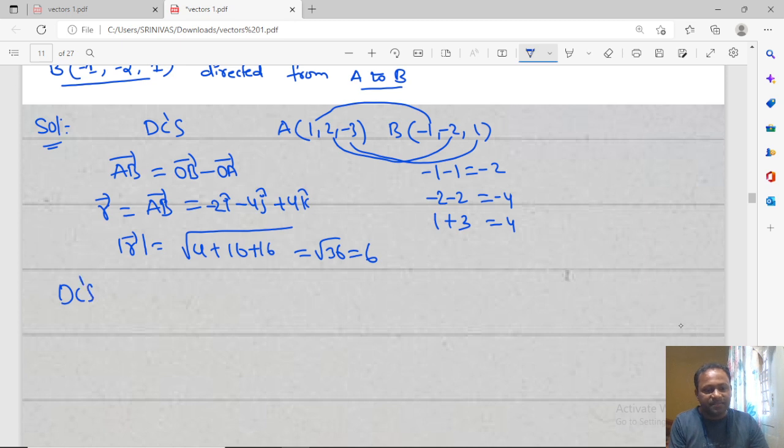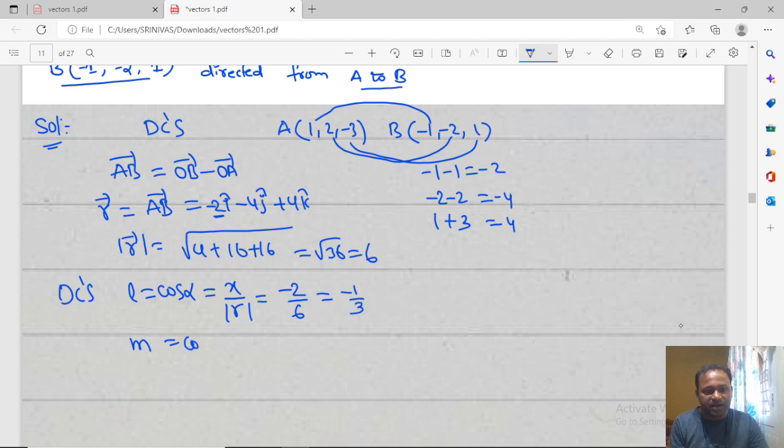Direction cosines: L is cos alpha, x by mod r, which means the i coefficient, -2 by 6, that is -1 by 3.